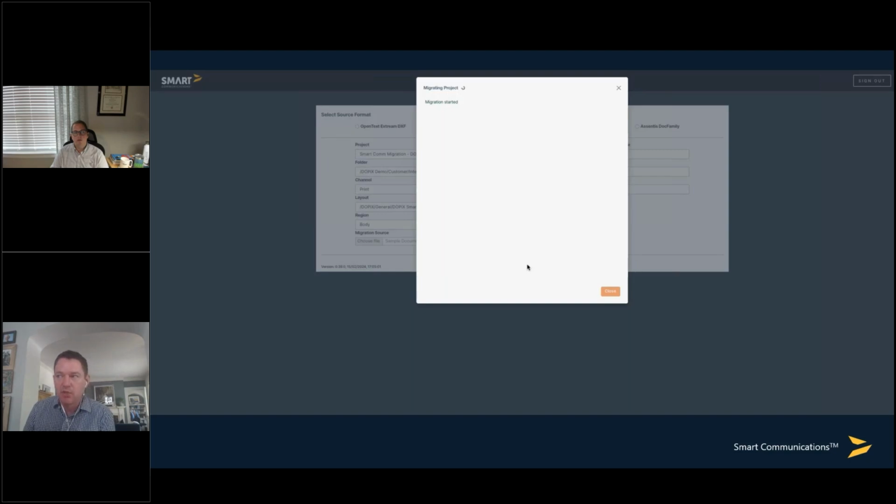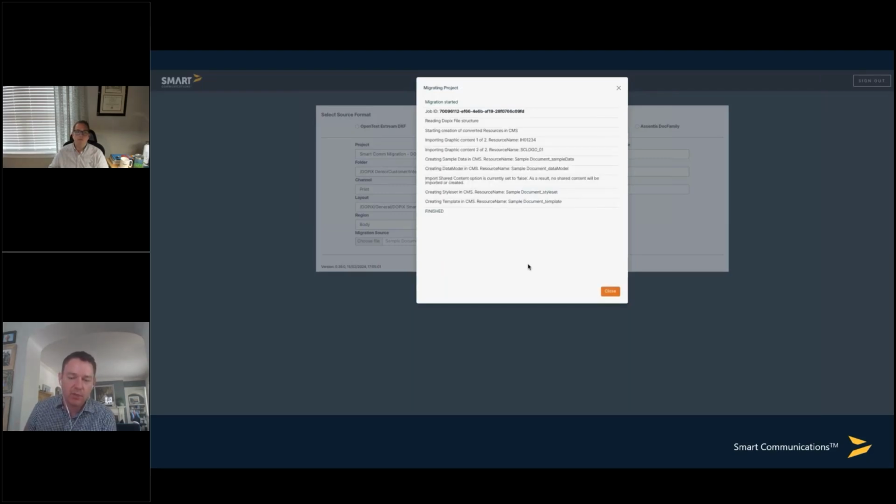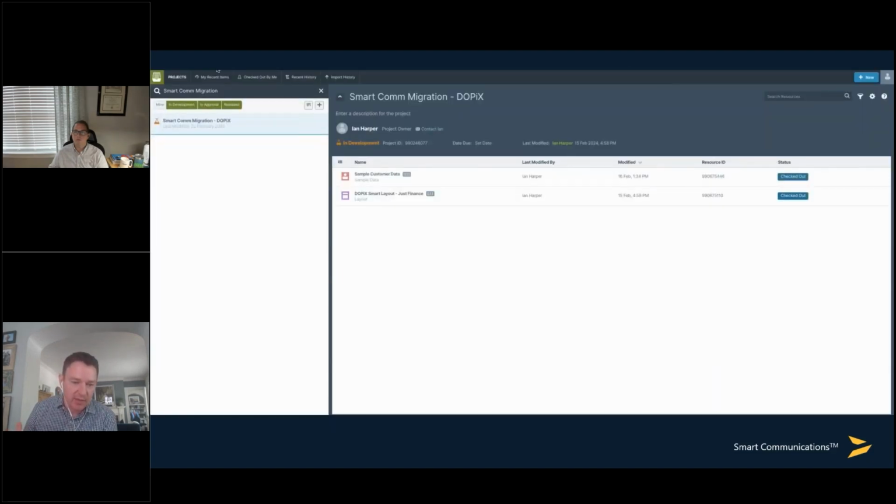So we're choosing some of the configuration options as part of this utility, including the source format of the file. We chose in this example a DOPICS file, and how we want to handle the naming convention of the imported resources.